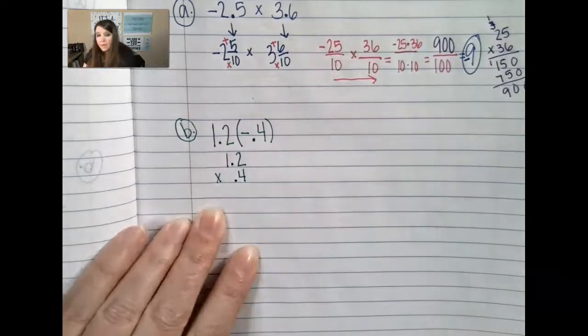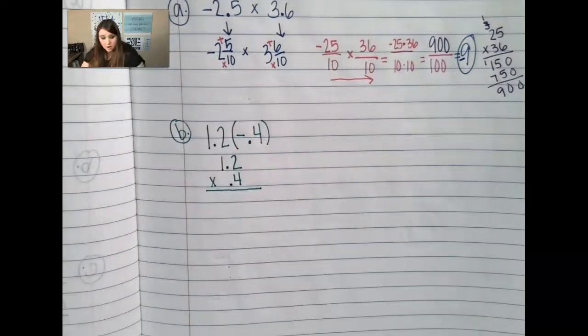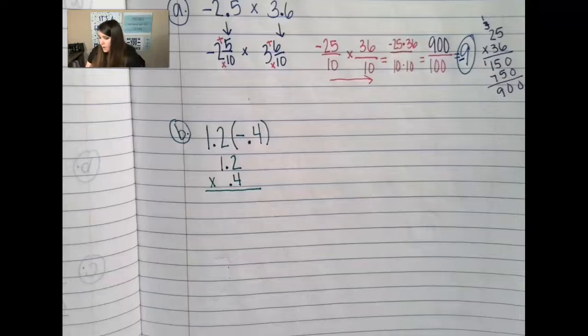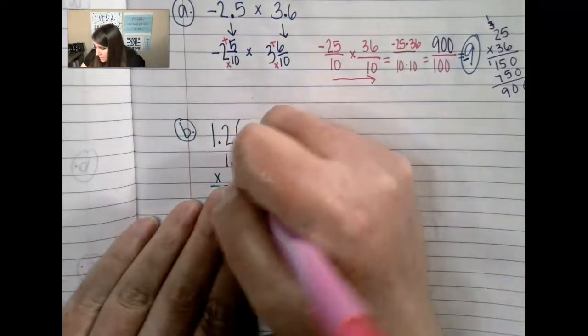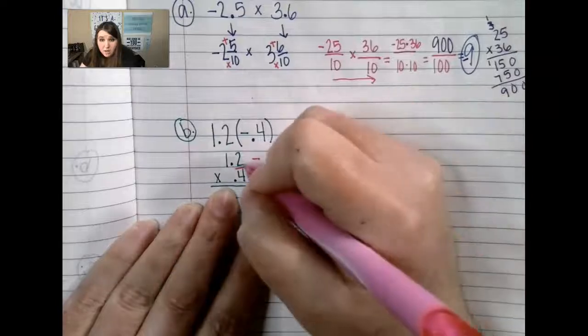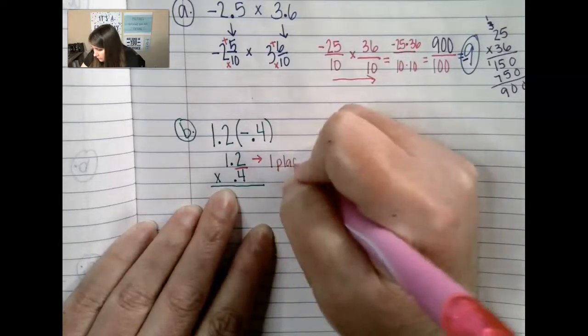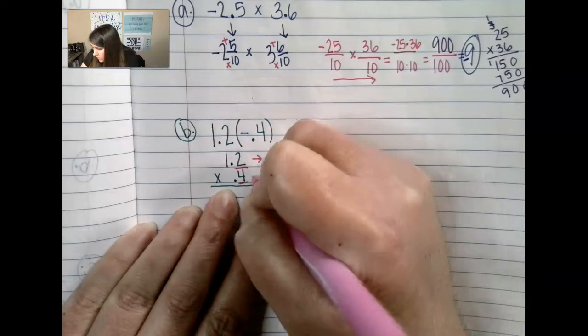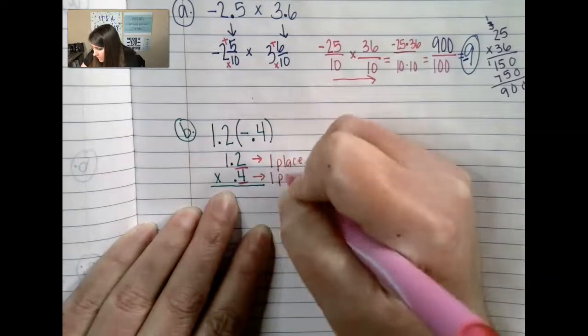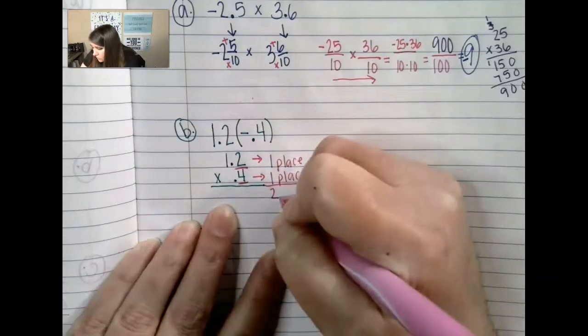However, I'm going to look at how many places after the decimal there are. In this one, there is 1 place, and on this one, there is 1 place. So that means I have 2 total places after the decimal point.